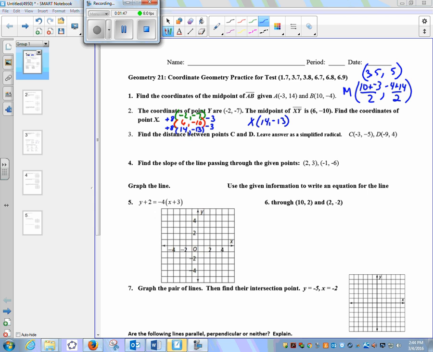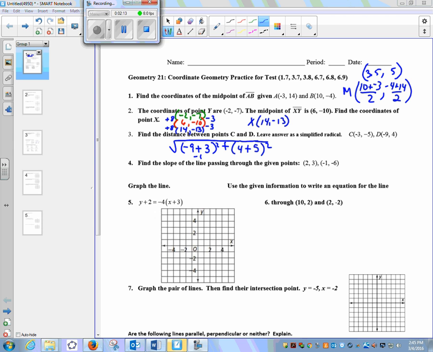The distance between C and D, distance formula, we are going to subtract the x's, subtract the y's, square them, add them, take the square root at the end. So subtract the x's, negative 9 minus a negative 3 makes it a plus 3, and subtract the y's, 4 minus a negative 5, so it's a plus 5.